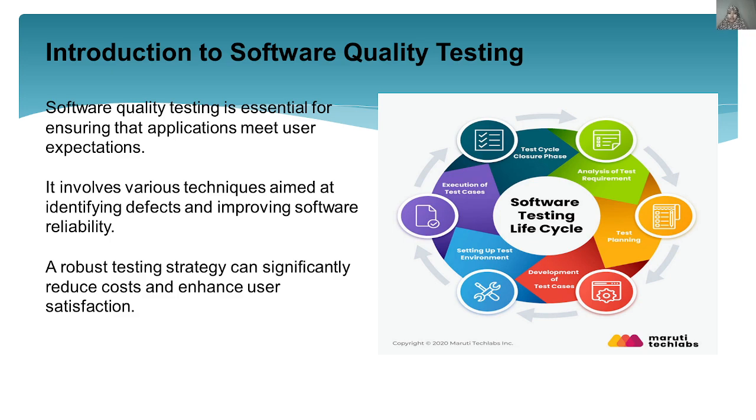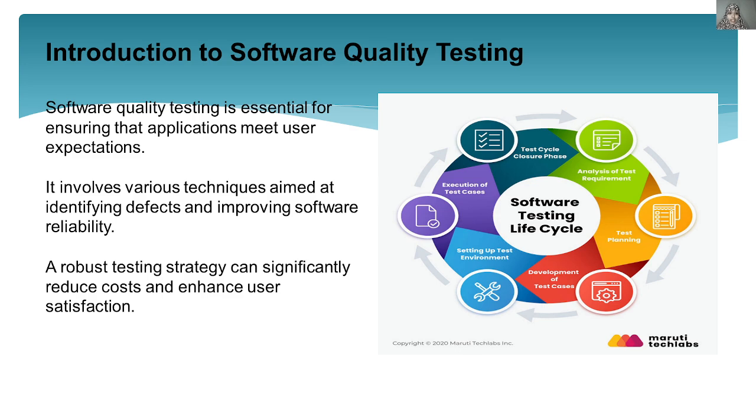As you can look into the picture over there, this is how the software testing lifecycle goes on. Firstly, what happens here is the test cycle closure phase. But this step doesn't come first, okay? The first step is analysis of test requirements.